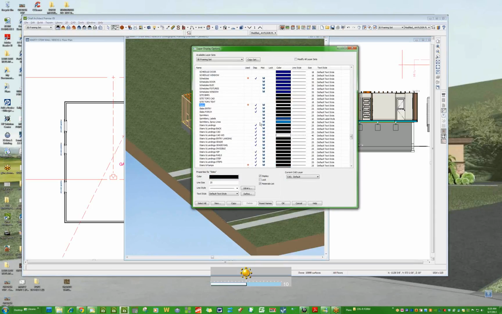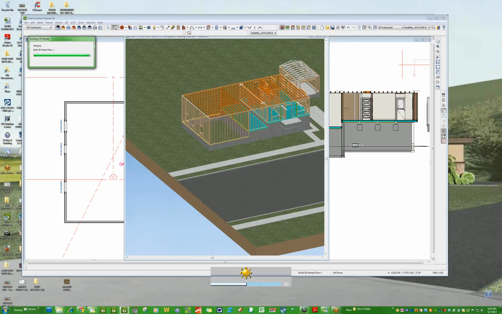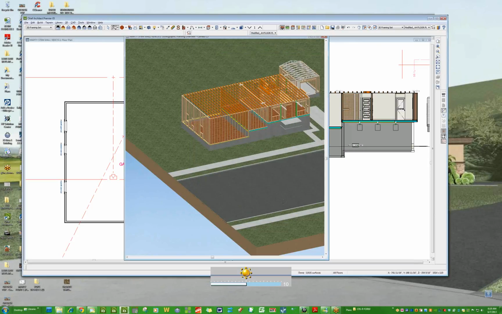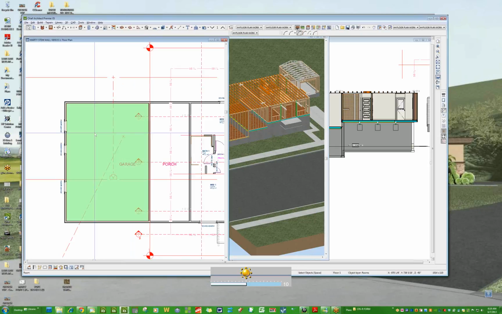Foundation being shown. Wall foundation, foundation. Footings, floor surfaces? That's the garage.